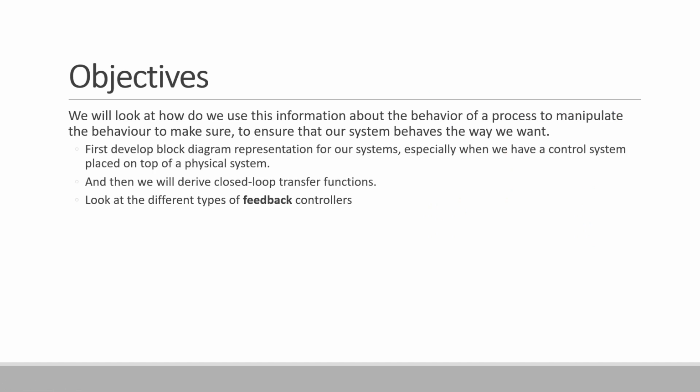After that, we can try solving numericals related to controllers. The first thing is, we need to develop a block diagram representation of a system, especially when we have a control system placed on top of a physical system. Let's consider an example of a surge tank. Here we have an inlet. Let's consider an outlet valve.